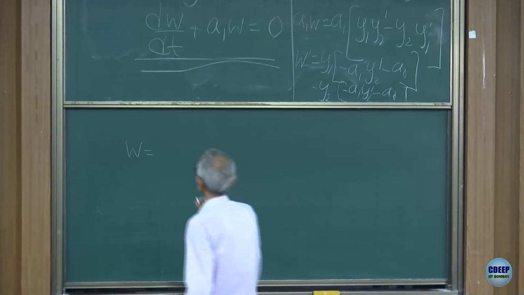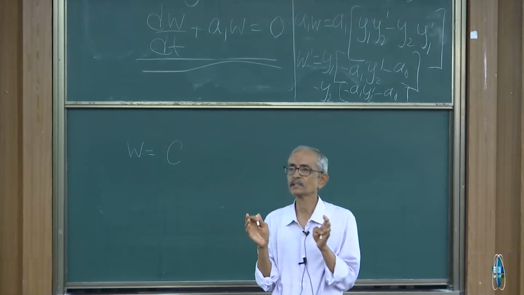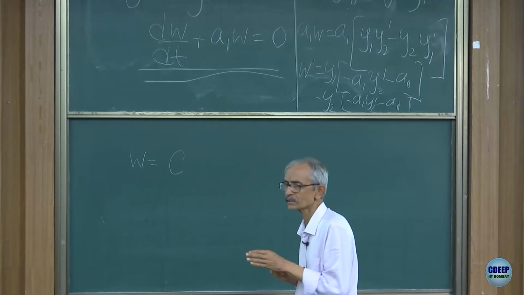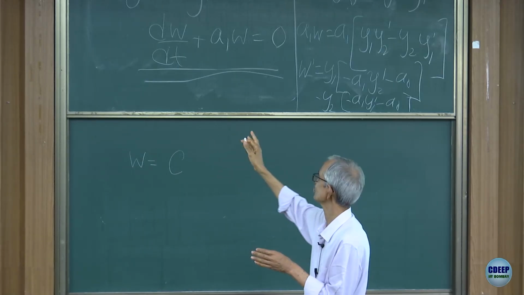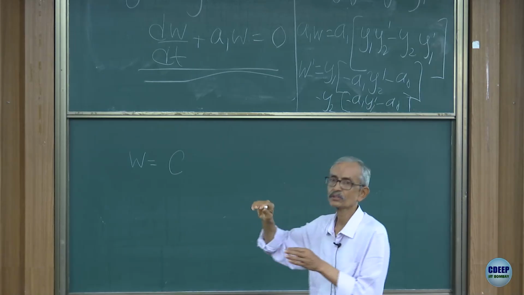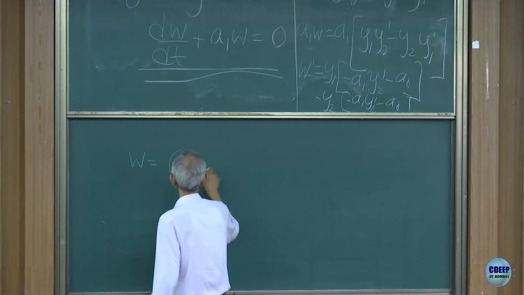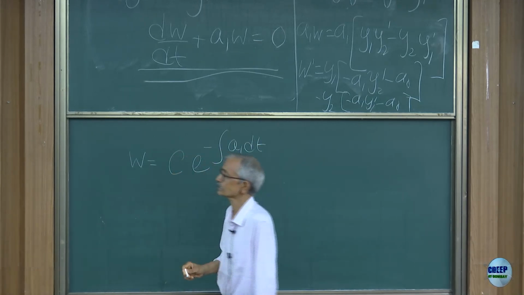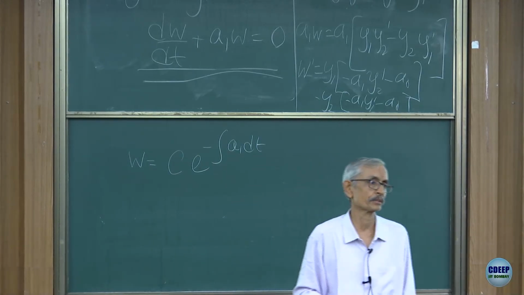We had talked about the integrating factor, right? There is something called an integrating factor, which is e to the power of integral a1 dt, multiplied throughout, and that gives you d/dt of e to the power of that integral. So W becomes e to the power of minus integral of a1 dt. That's the solution to the first order differential equation.